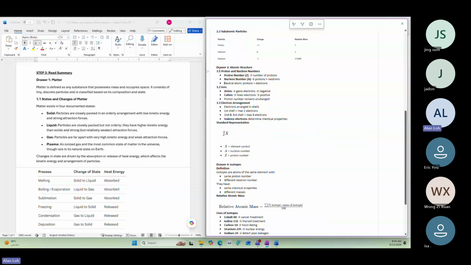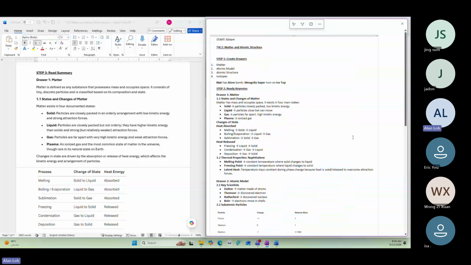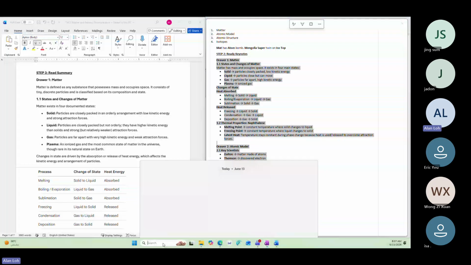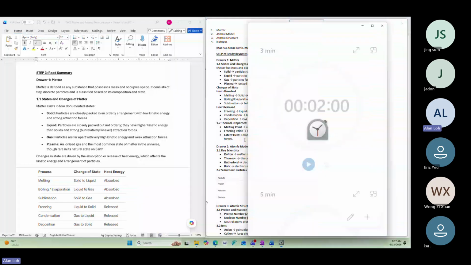So we will take 2 minutes to read drawer 1 until drawer 2. But let's set the right expectation. Do not expect yourself to fully understand everything when you read this step 2, because we are still in step 2. So you need to pick up the key information about that drawer.